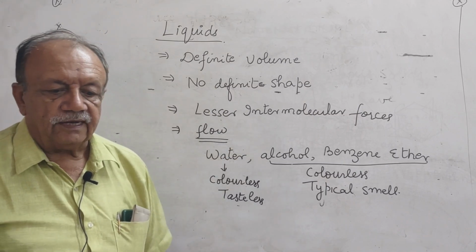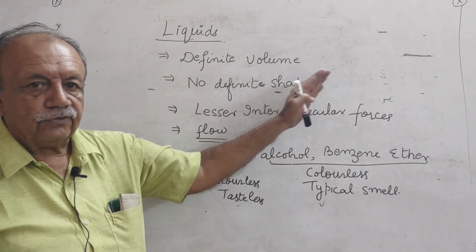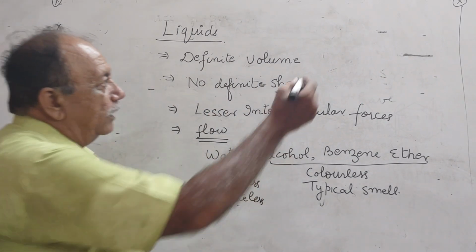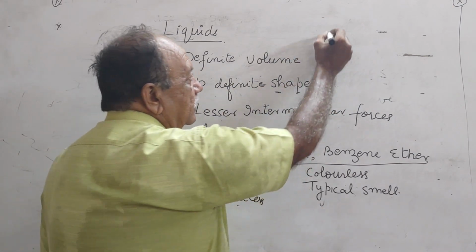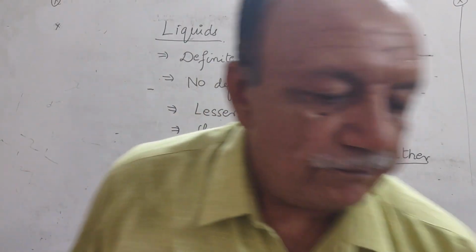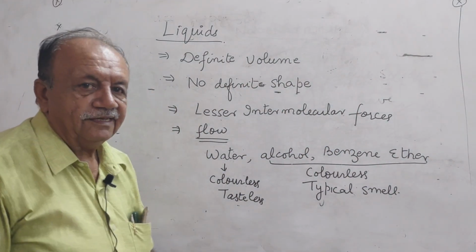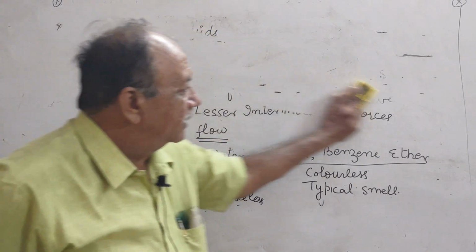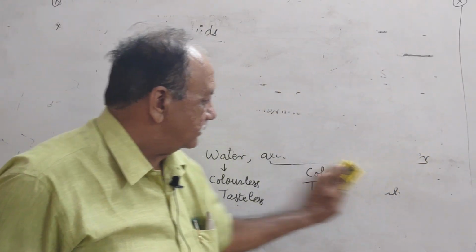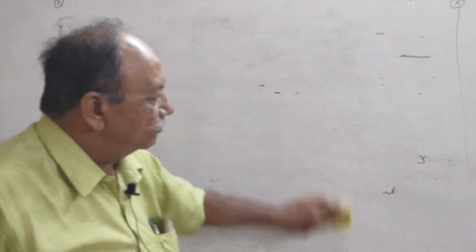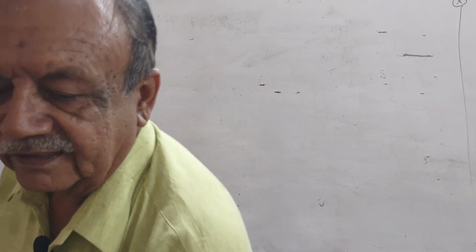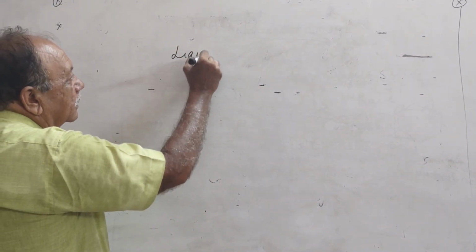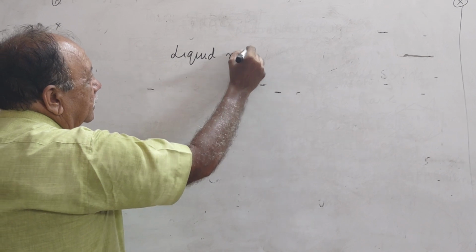Now, what are gases? Before gases, in liquids comes a typical example. The question is, which metal is liquid at room temperature? All of you will give the answer. That is mercury, Hg. Mercury is a liquid metal.